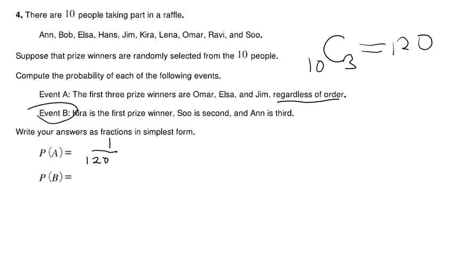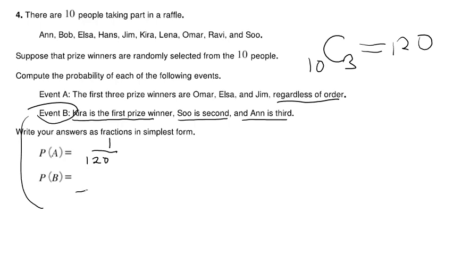Considering event B now, we now have an order to our prize selection, right? Kiara is the first prize winner, Sue is second, and Ann is third. Well, again, in event B, there's only one way that we can choose Kiara first, Sue second, and Ann third.